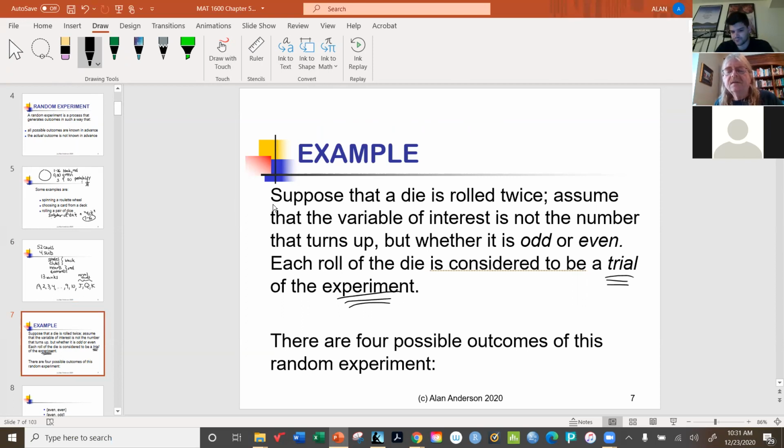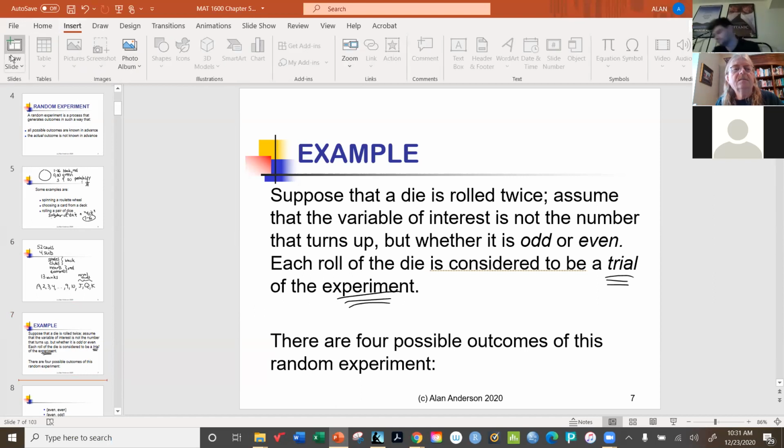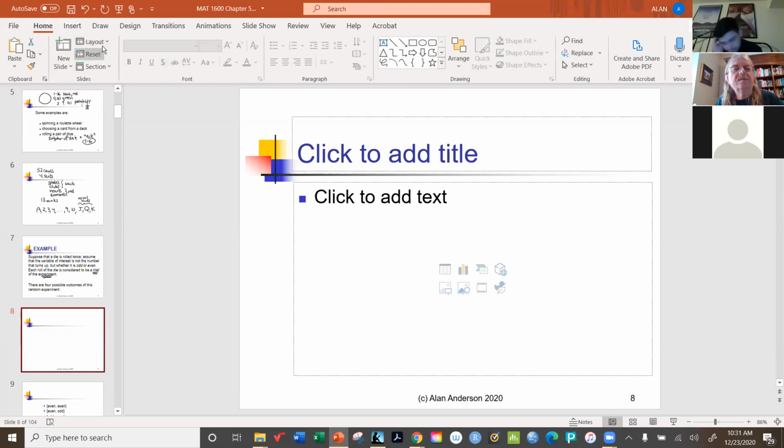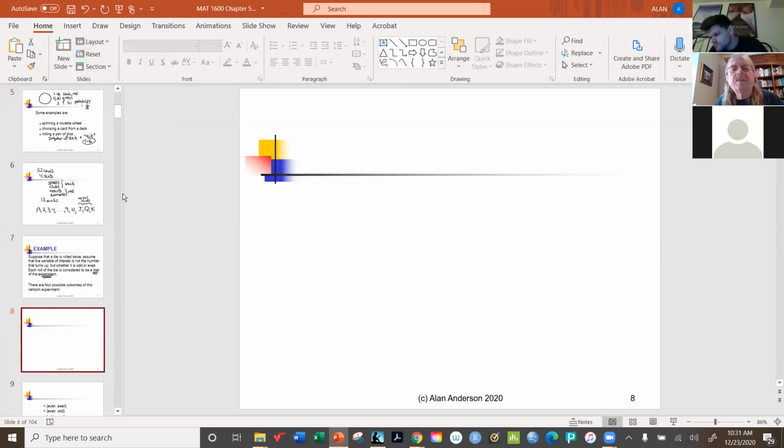Now, what can happen when we roll a single die twice? Well, we can show a diagram which illustrates this very nicely. It's called a binary tree because two things can happen every time we roll the die. So we start out here.